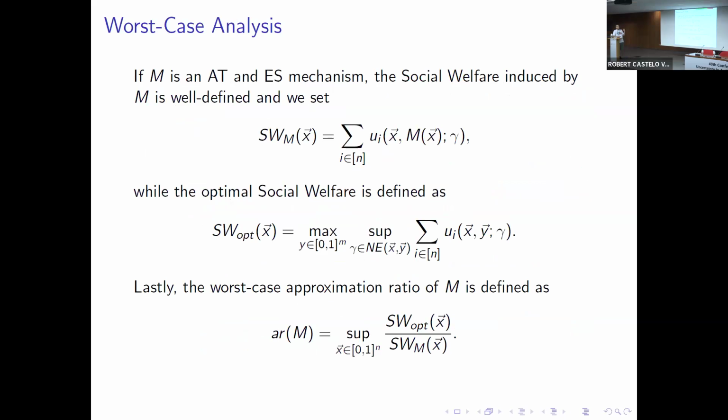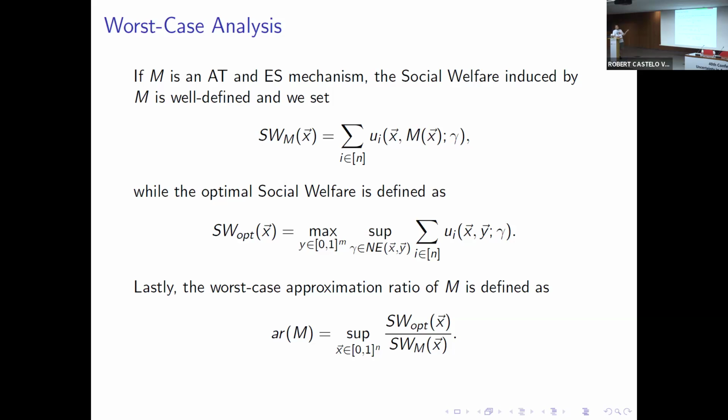And you can define the optimal social welfare as the maximum social welfare attainable on the best Nash equilibrium induced by Y. So in this case, we use this sort of sleight of hand to solve the controversy on which Nash equilibrium we should consider, but this is in line with the price of finality theory and stuff like that. So don't pay much attention to that, that's fine.